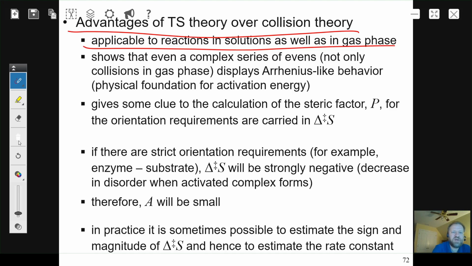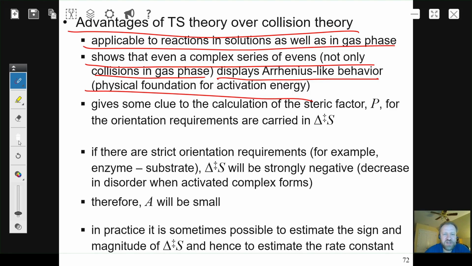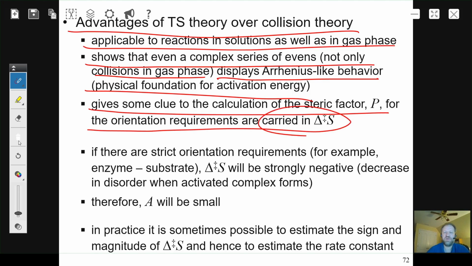It shows that even a complex series of events, not only collisions in gas phase, display Arrhenius-like behavior, and it also provides a foundation for activation energy. It gives some clue to the calculation of the steric factor P, for the orientation requirements are carried in the activation entropy.